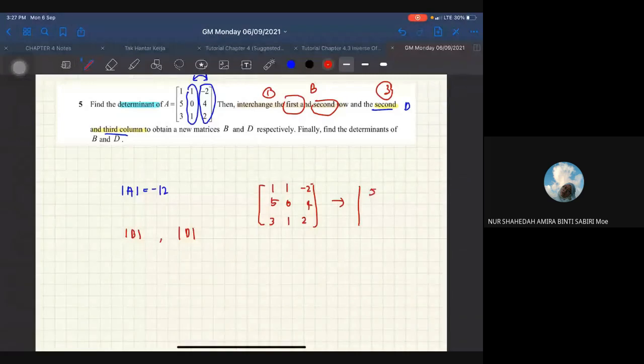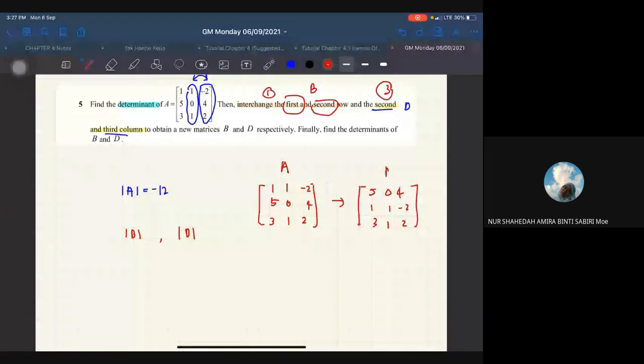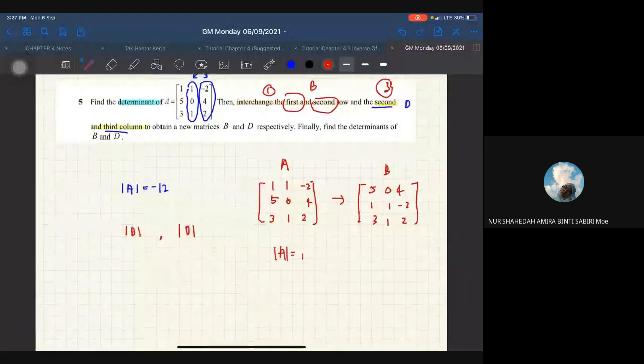So maksudnya dia akan jadi 5, 0, 4, 1, 1, negative 2, 3, 1, 2. Ini adalah A, this one adalah B. So determinant of A is equal to negative 12.